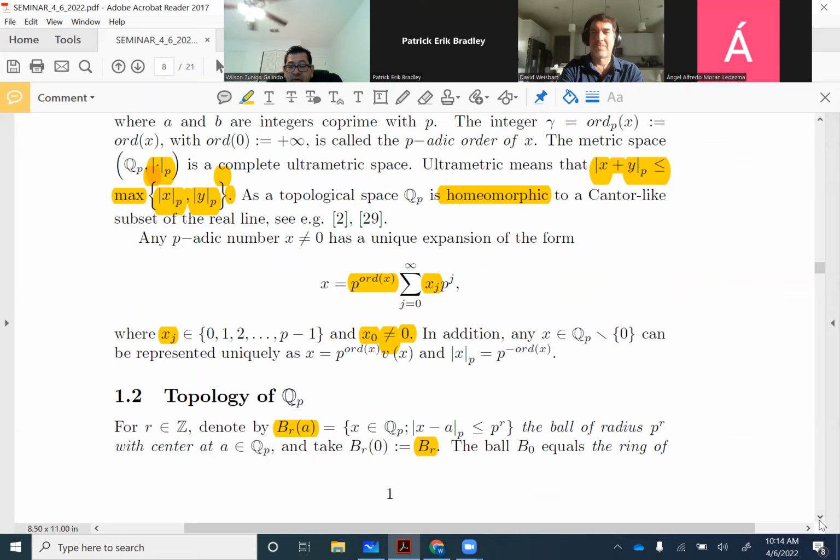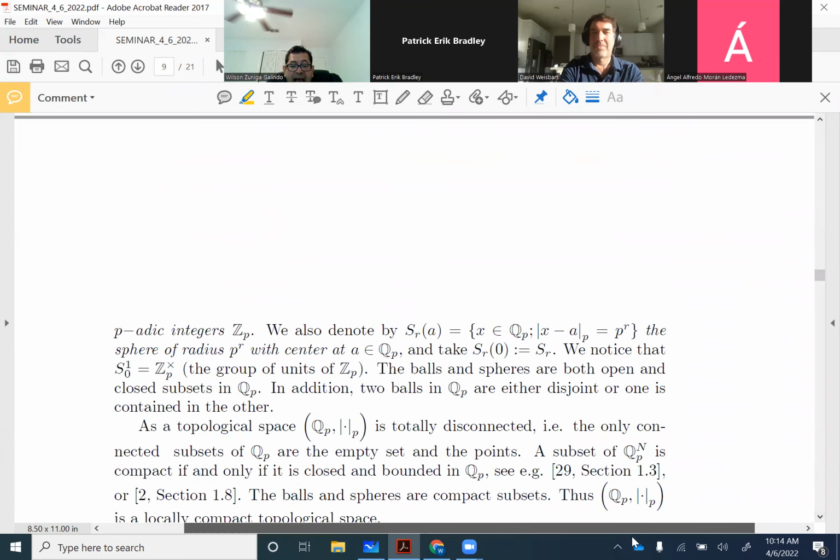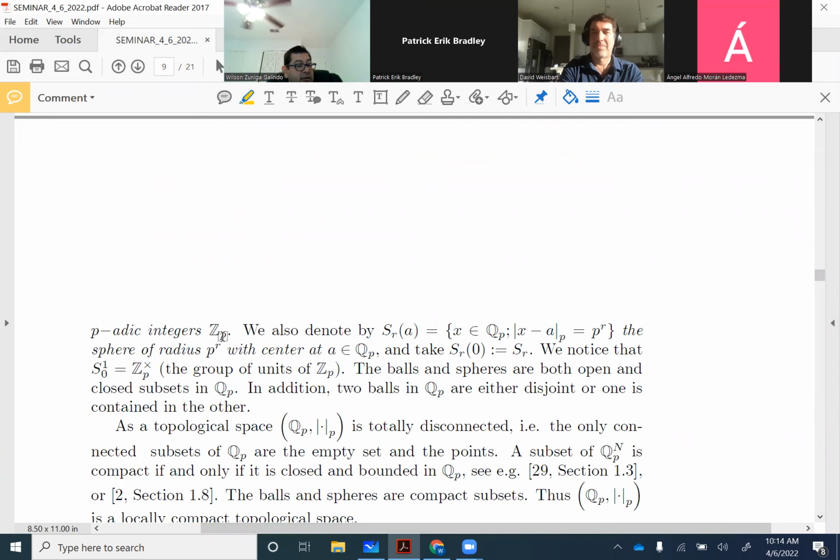If r is 0, this is the unit ball, and in this case, the unit ball is a ring, the ring of p-adic integers. We use this symbol to denote the sphere with center at a and radius p to the r. Okay, if the center is 0, we use this notation.